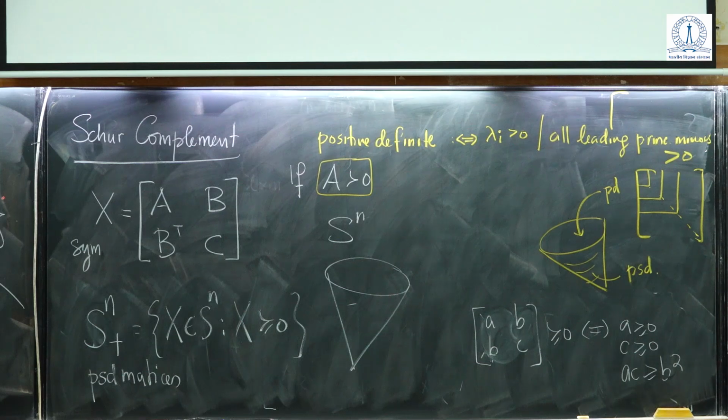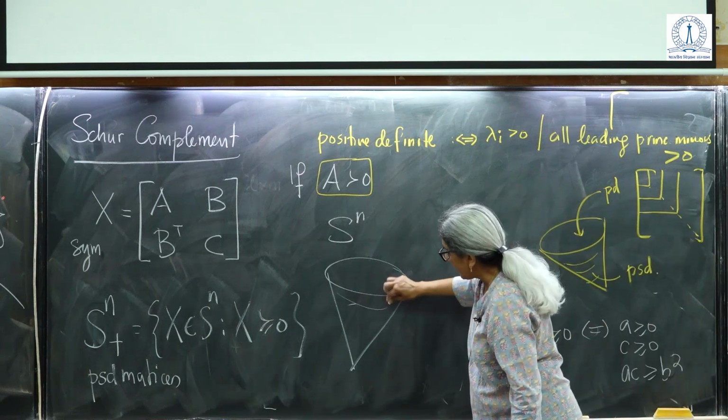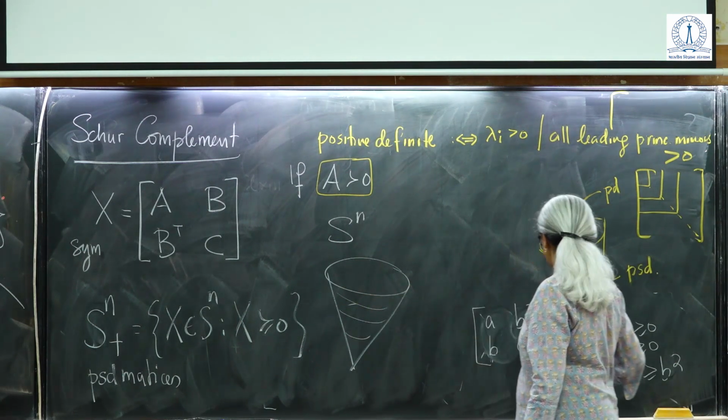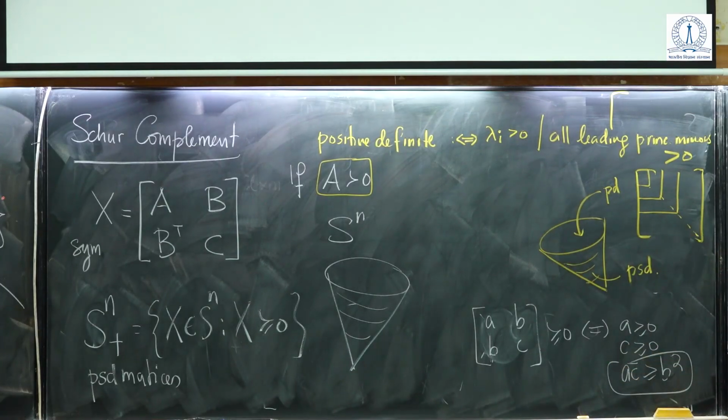And one nice thing is that this boundary is actually cut out by the determinant. Now, I don't know if you've seen a picture of the determinant equation. If you draw the equation AC equal to B squared, you draw the whole space. It'll have lots of things. It'll have some places where A and C are negative, some places where A and C are positive, all kinds of things.